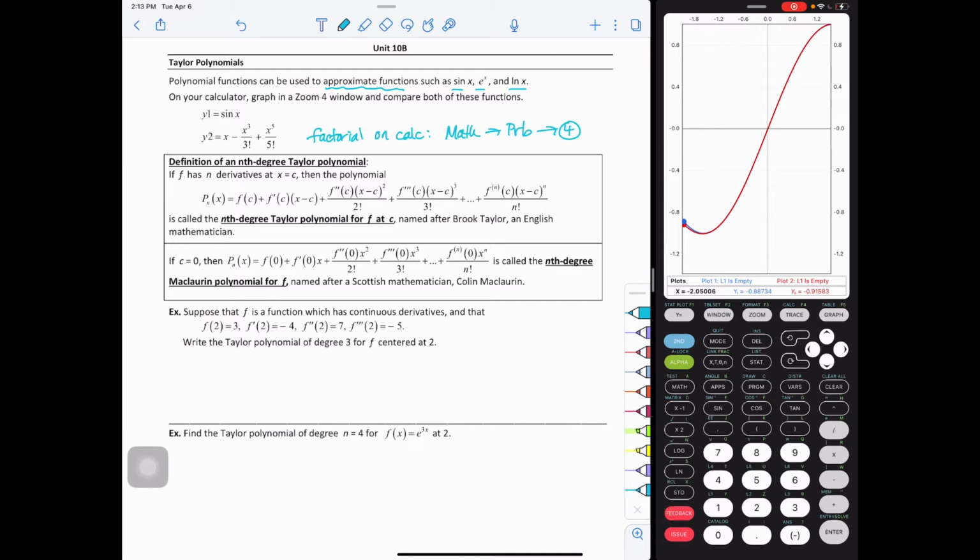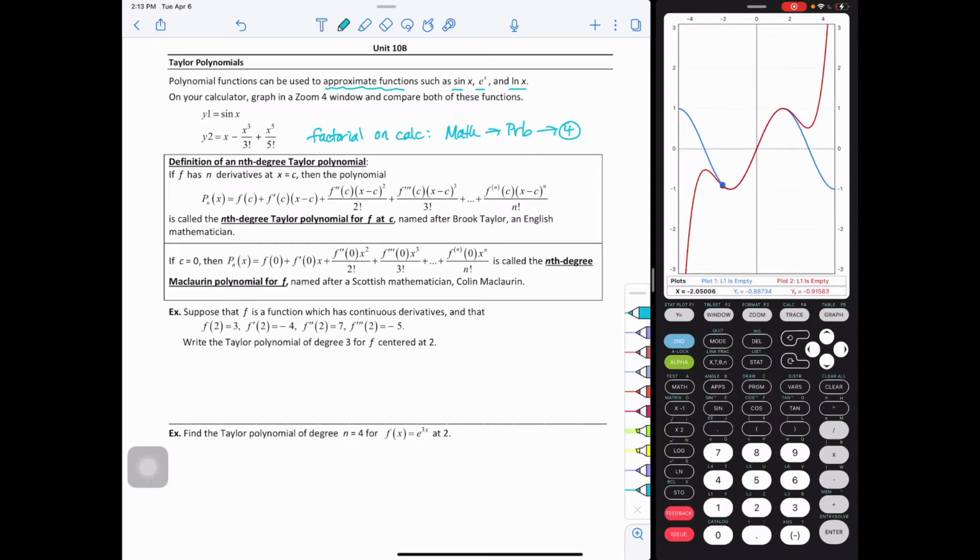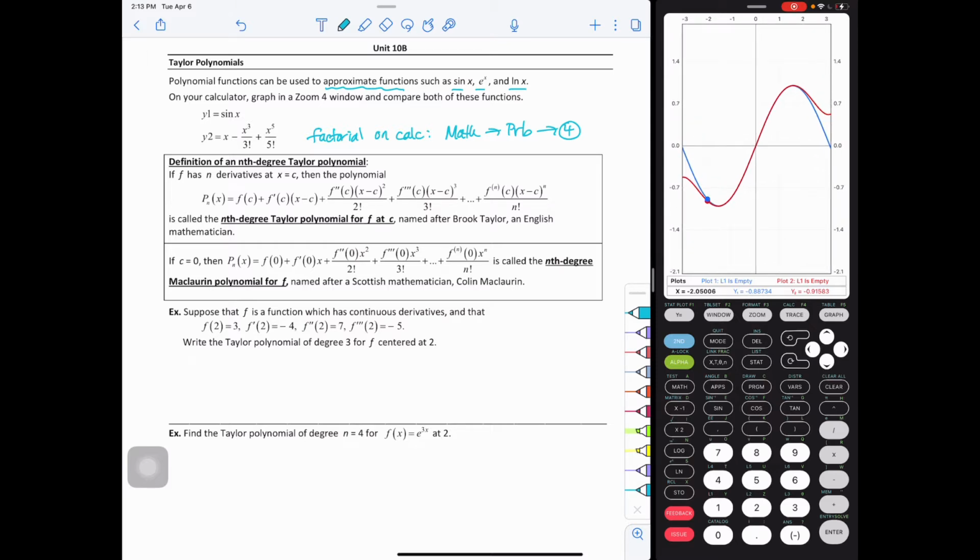So when we're very close to 0, the functions are nearly the same. Now, as you move away from x equal to 0, you can see that they change drastically. But when you're close to 0, they look quite the same. So that is something that I want you to keep in mind as we learn about Taylor polynomials.